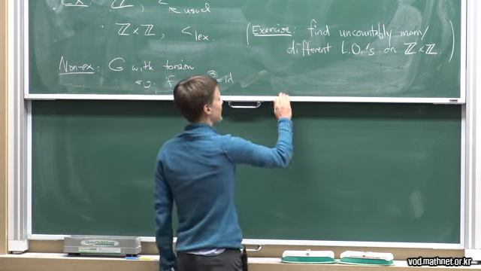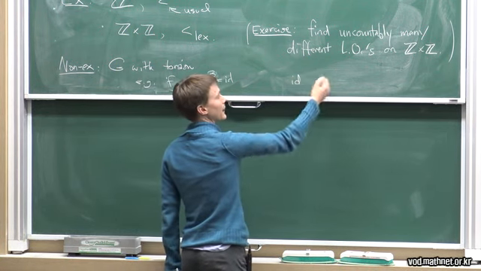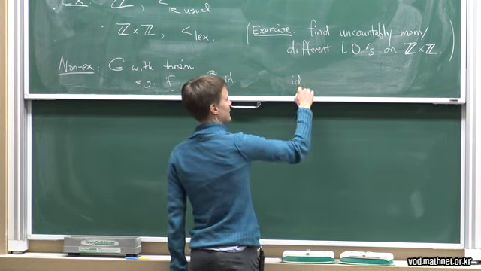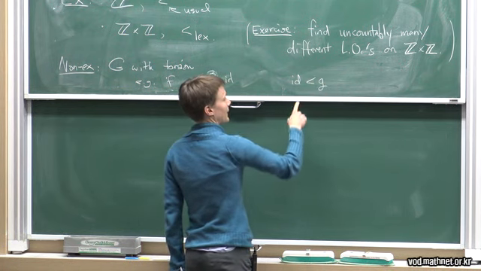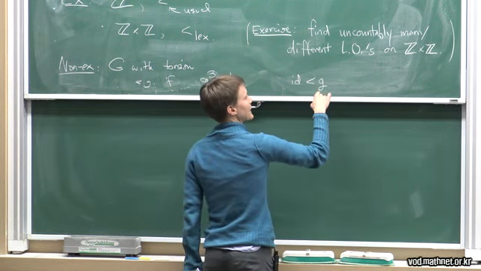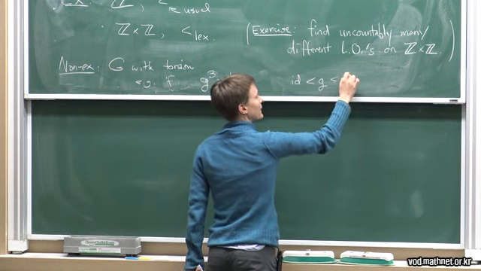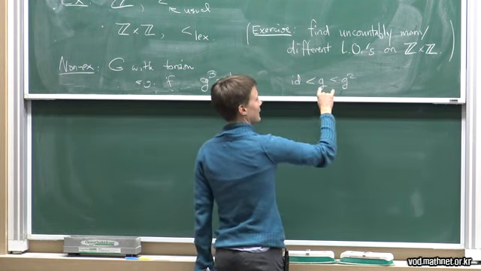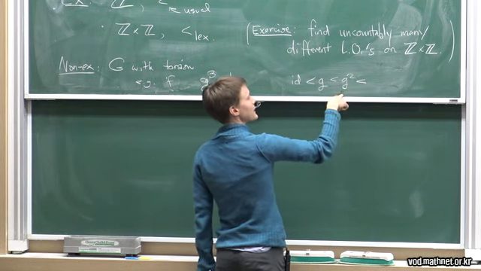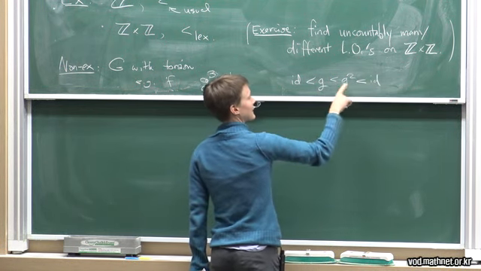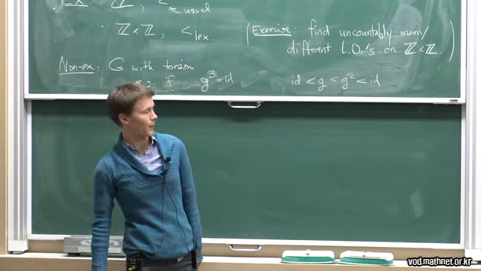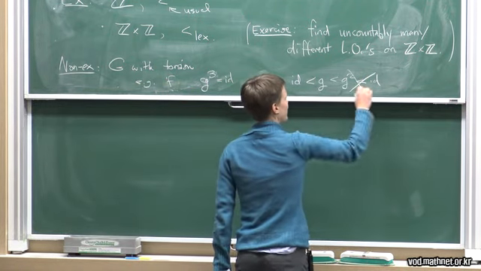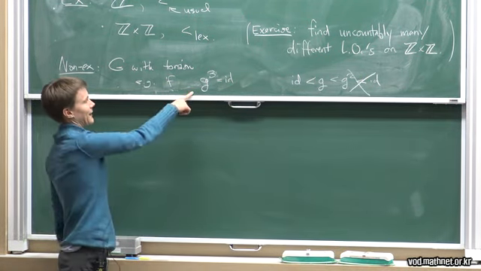I'm supposed to say that the identity is either bigger or less than g. Maybe it's less than g. I can multiply this by g, and I'll get g is less than g squared. And if I multiply this by g again, I'll get g squared is less than g cubed. But wait, g cubed is the identity, and this contradicts one of the axioms for a total order. So this can't possibly happen.